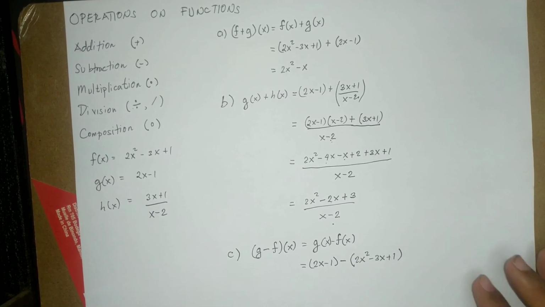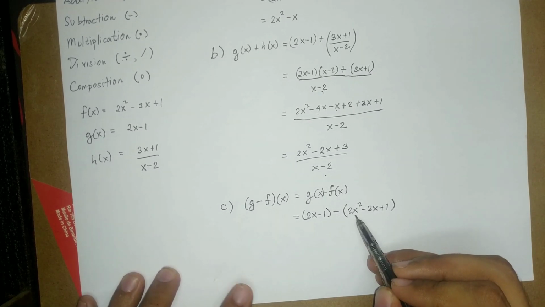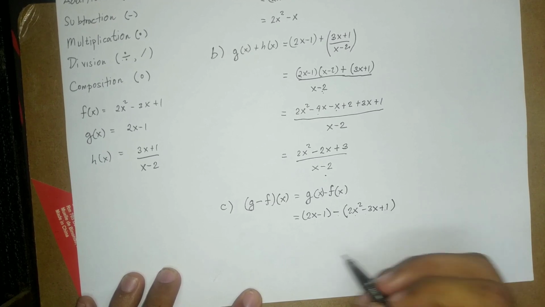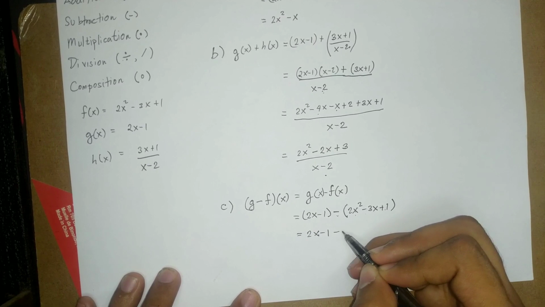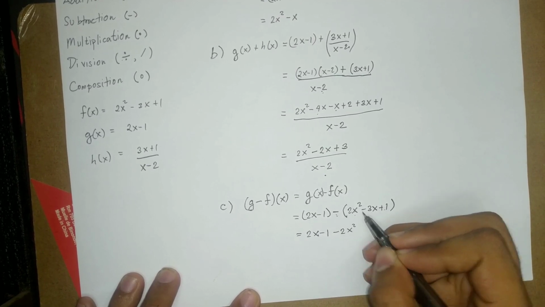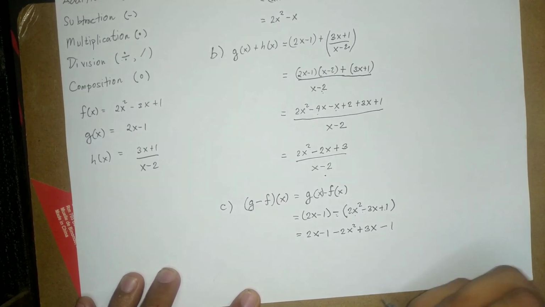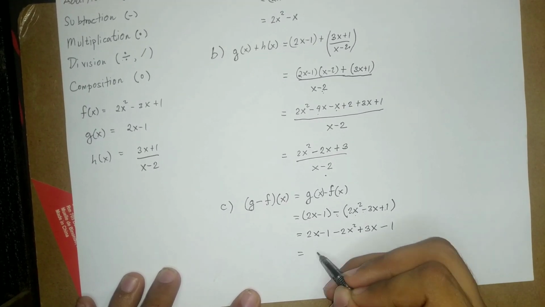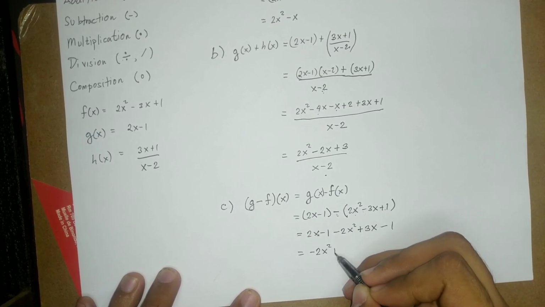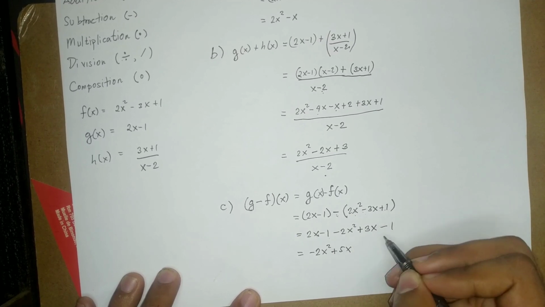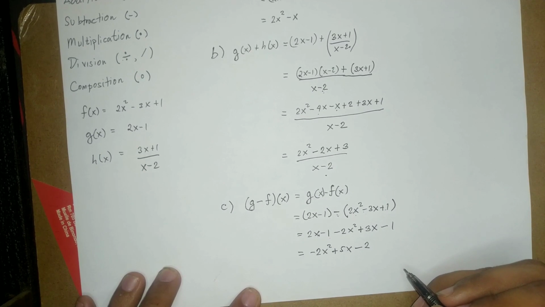In this case, do not forget to distribute the negative sign to all terms in the parentheses. So that gives us 2x minus 1 minus 2x squared, negative times negative again is positive, so that gives us plus 3x, and then minus 1. So if we rewrite minus 2x squared, 2x plus 3x, that gives us 5x, minus 1 minus 1, minus 2. So that's your final answer.